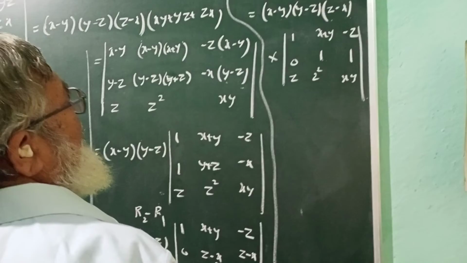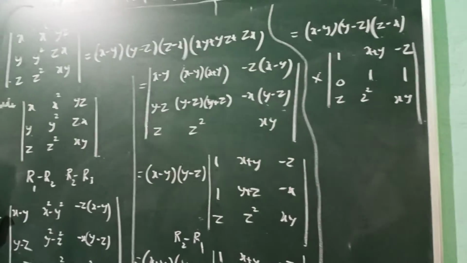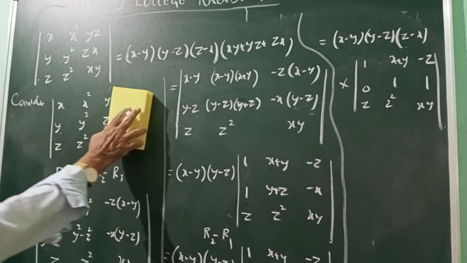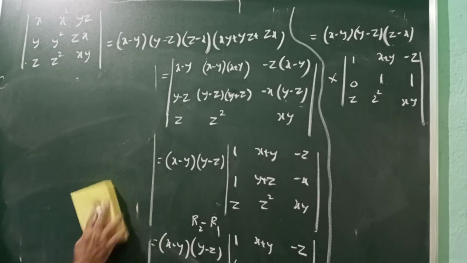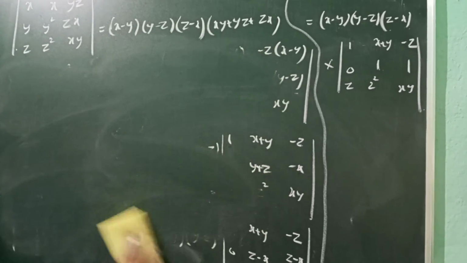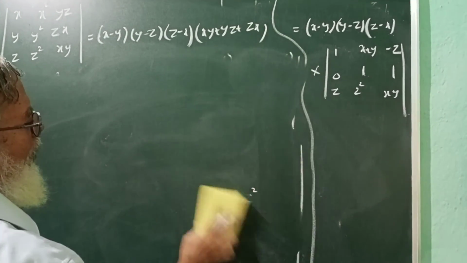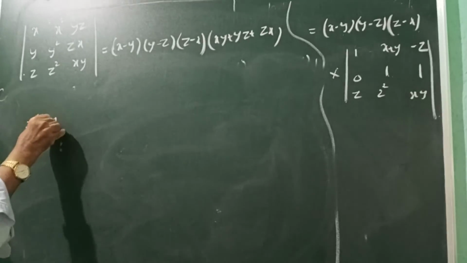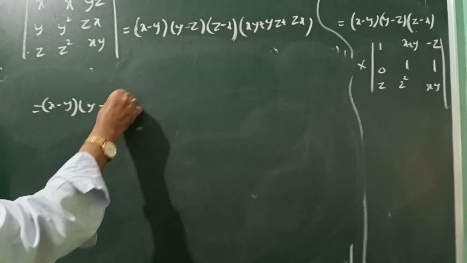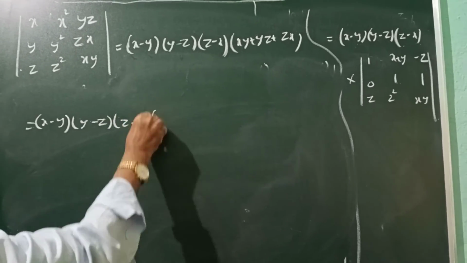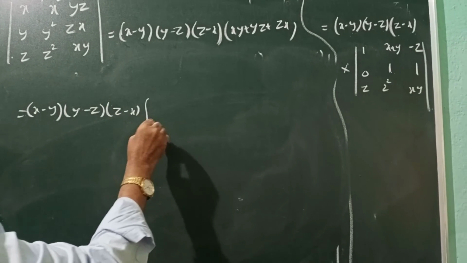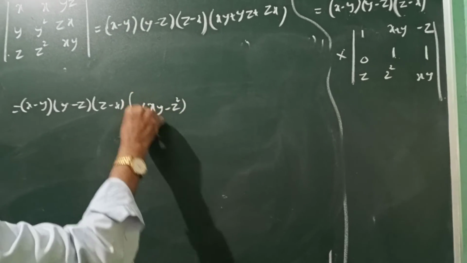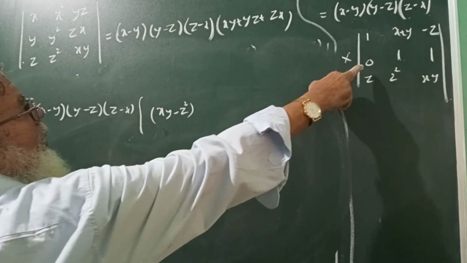So to expand it, let me do here, because we have to expand the last determinant. This will be x minus y, y minus z, z minus x. Let us expand row wise. 1 into 1 into xy will be xy minus z square. 0 into anything is 0.